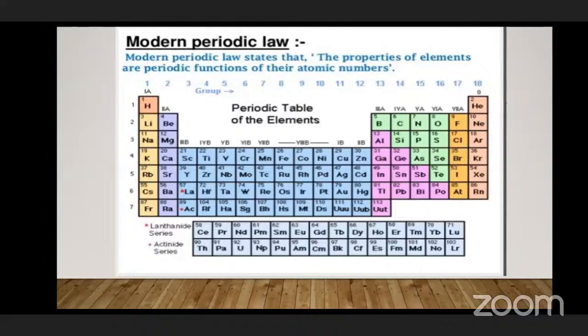Those elements from cerium to lutetium and thorium to lawrencium came from these B subgroups only. Those are transition elements, and from the transition elements we are taking these elements out in a separate manner. Because of that reason, they are called inner transition elements.